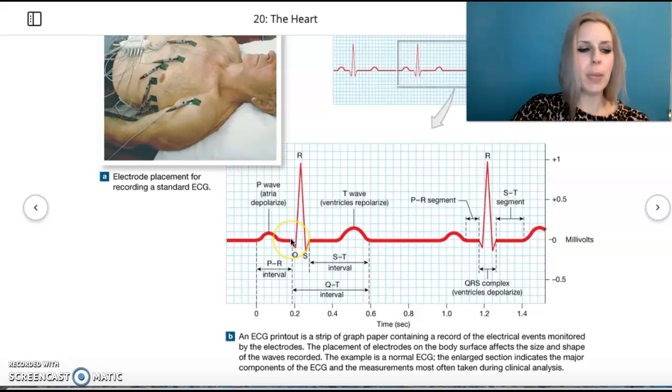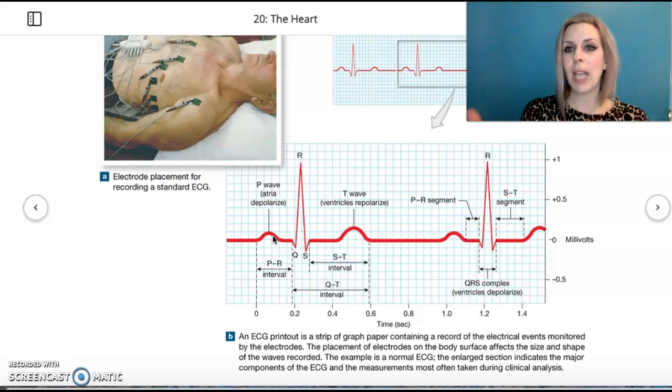If you measure your PR interval and your PR interval is too long, then we could be seeing a blockage in the heart where we're not having connectivity between the SA nodes and the AV nodes as strong as we should have, for example. Okay, so we're going to look and measure all of these waves and distances.